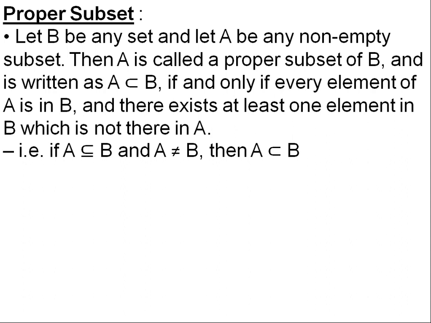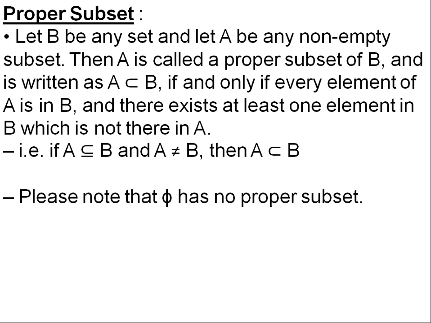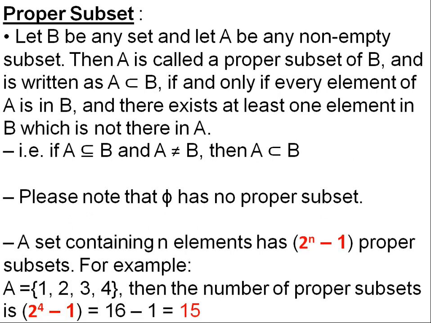So, if A is a subset of B and A is not equal to B, then A is a proper subset of B. Please note that an empty set has no proper subset because empty set can contain no other element in it. A set containing n elements has 2 raised to the power n minus 1 number of proper subsets.